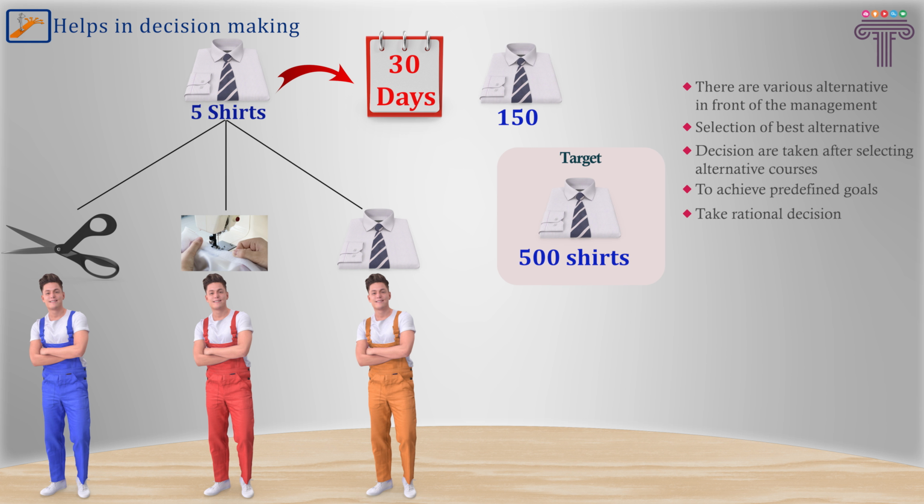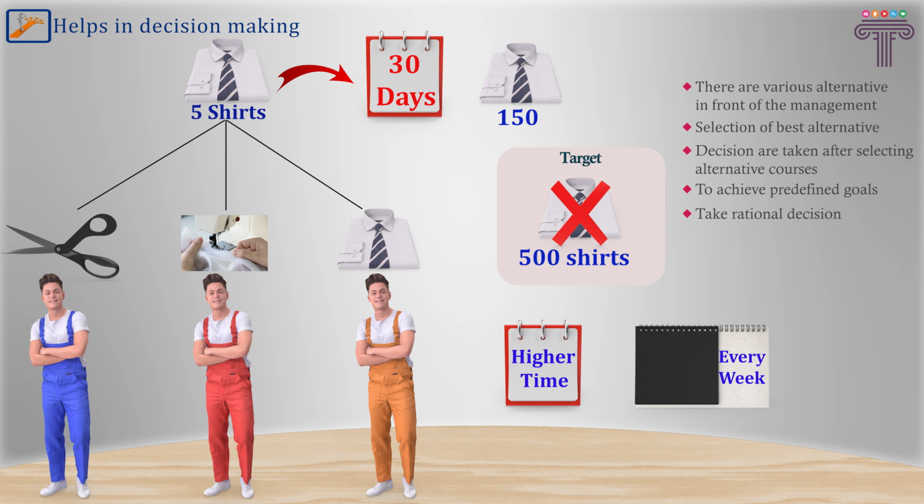What should I do? Now I have to make a sensible, rational decision. Shall I cancel the order? No. Should I ask for more time? That can be a possibility. Every week I'll be giving you 50 shirts or 40 shirts. Ideally, every week I can go for 35. But what I can ask him, in enhanced timelines, okay, every week I'll give you 50. So every week I'll be delivering that.